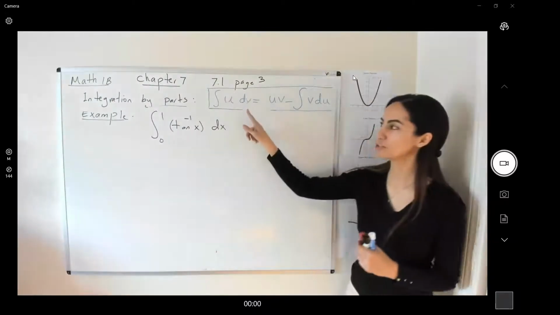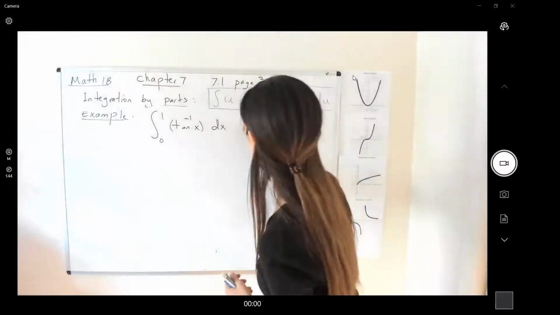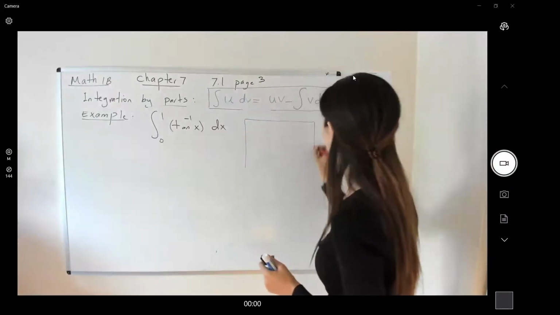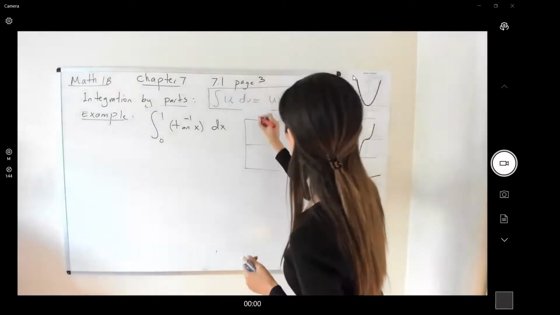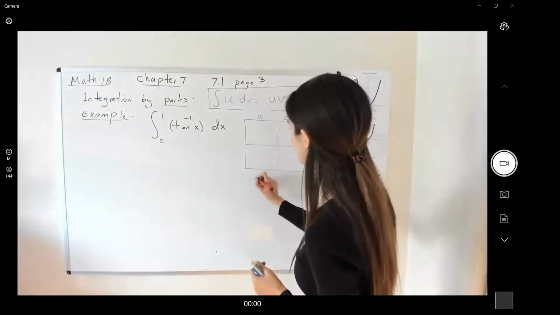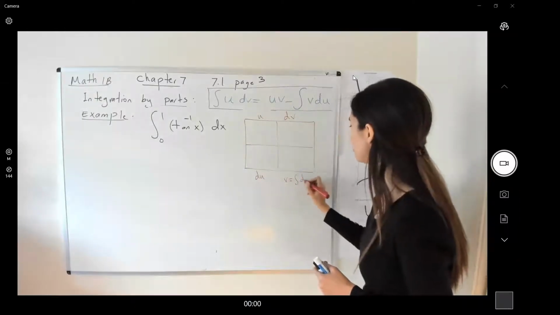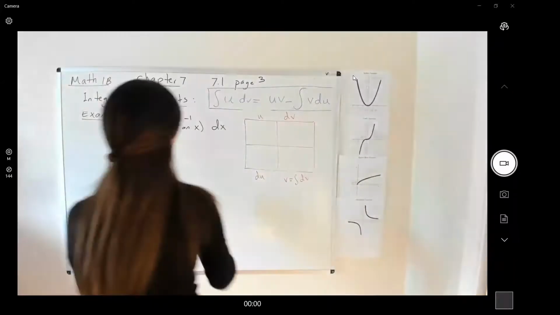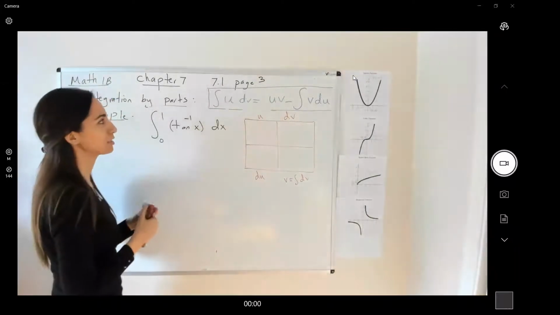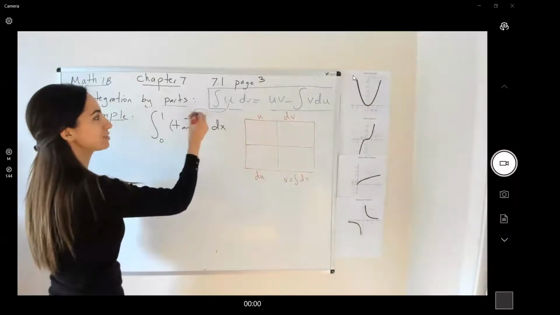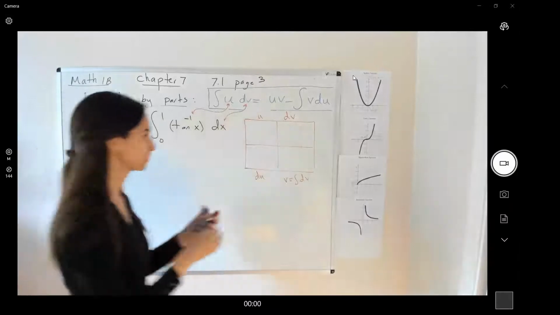So let us try to apply integration by parts, see what's going on. Let's form our little table: u, dv, we need du, the derivative of u, and v, the integral of dv. Since the format is very similar to the formula, let us take u to be inverse tangent of x and dv to be just dx.